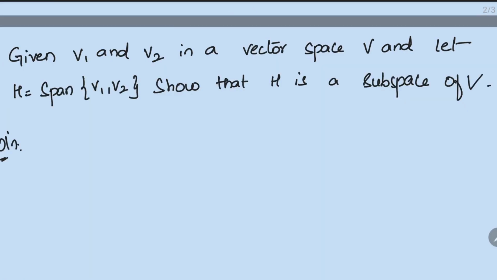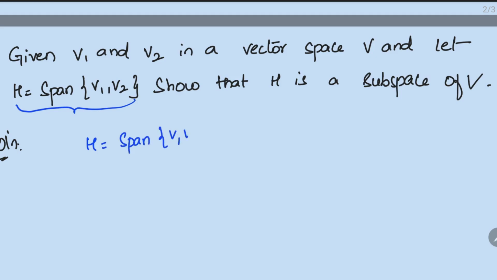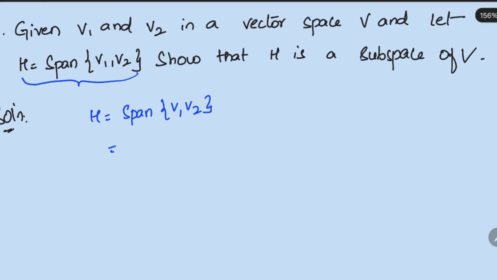And the second question: given v1 and v2 in a vector space V, let H be equal to span of v1, v2. Show that H is a subspace of V. Now we have discussed the definition of a subspace, right? To prove that, it is given that H is equal to span of v1 and v2, which is nothing but the linear combination of v1 and v2.